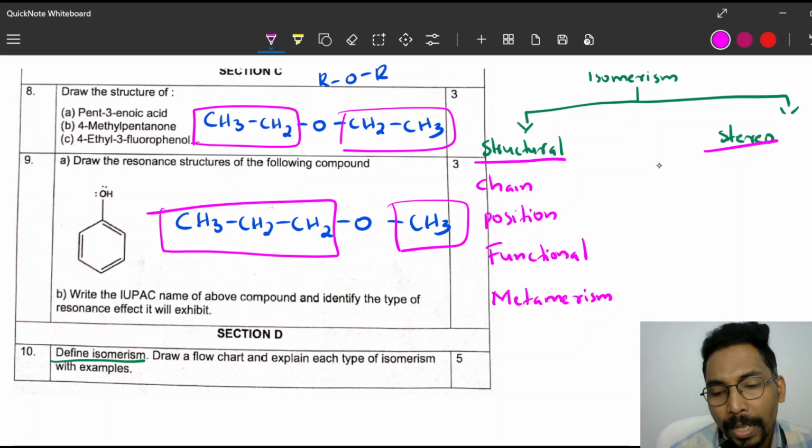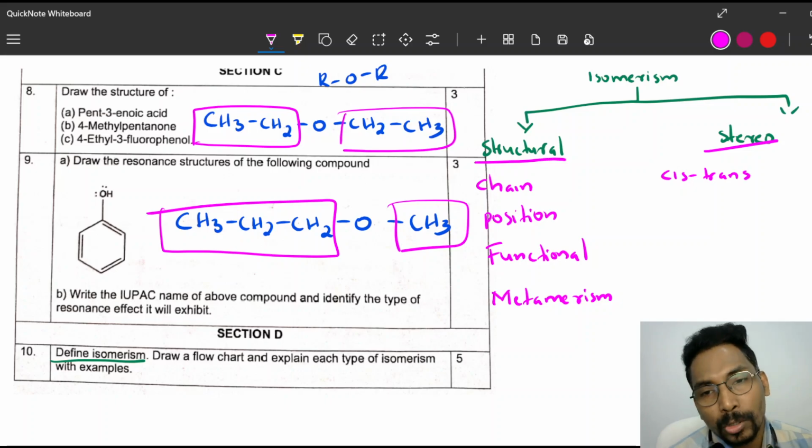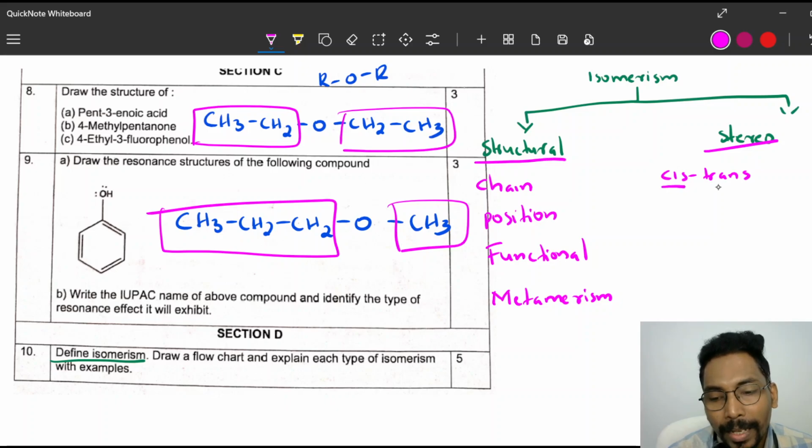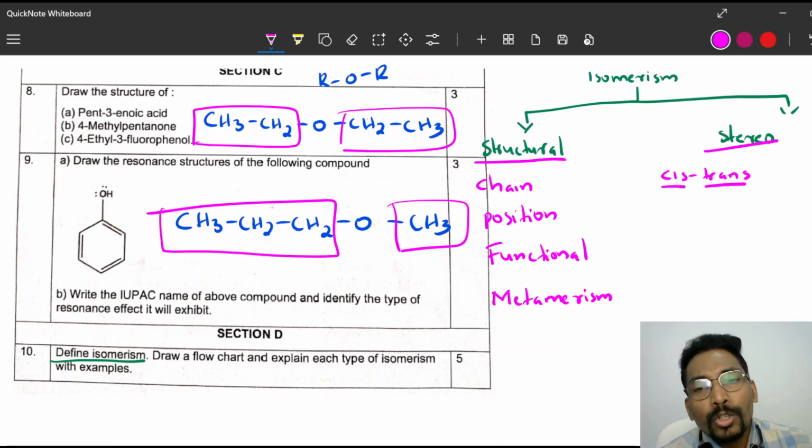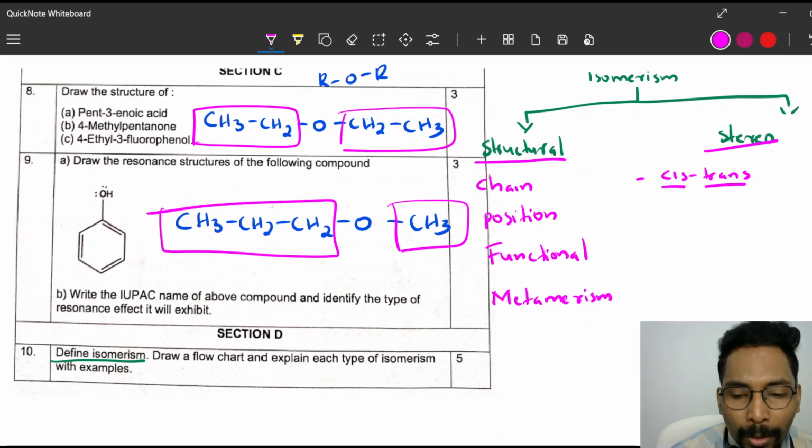Okay, listen. Geometrical isomerism, there are two types: cis-trans isomerism. Cis and trans, that is geometrical isomer. This is based on rotation about a double bond.